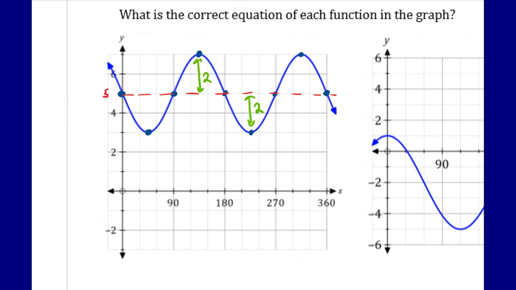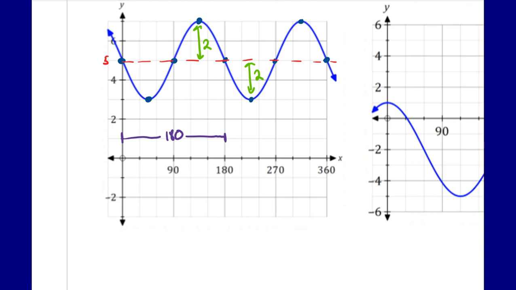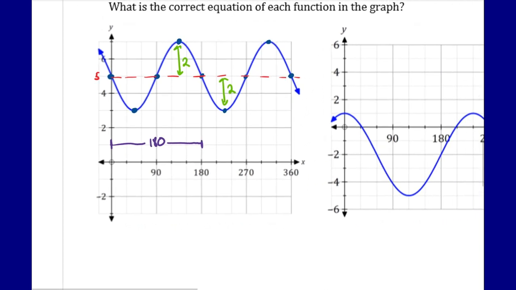The other thing we're looking for is our period. So in this case, I see the start here, I see the end here. That is a distance of 180. So I can use that to help me find what my K value is. Or we could look at it and already tell, right? Because we have two sine waves in 360 degrees, that means K has to be 2.